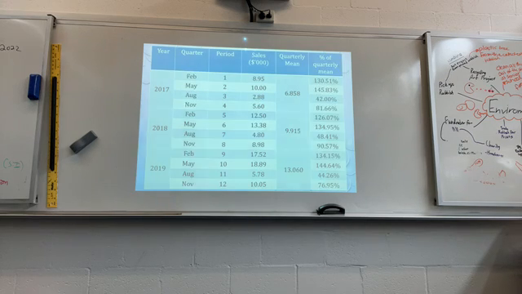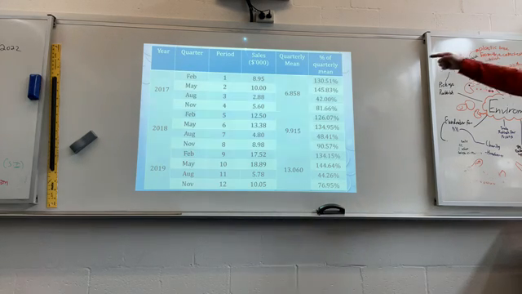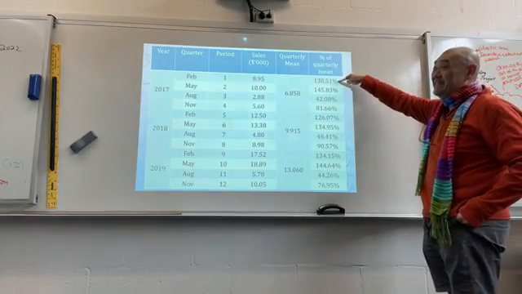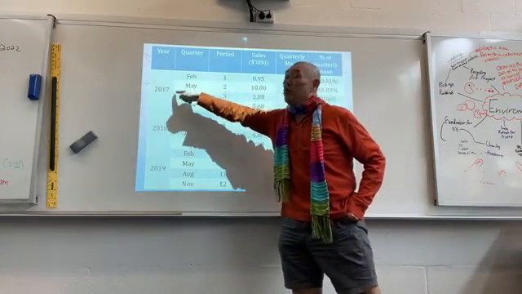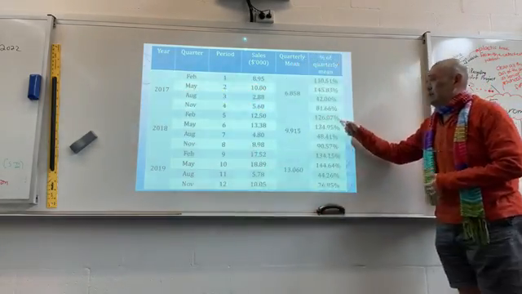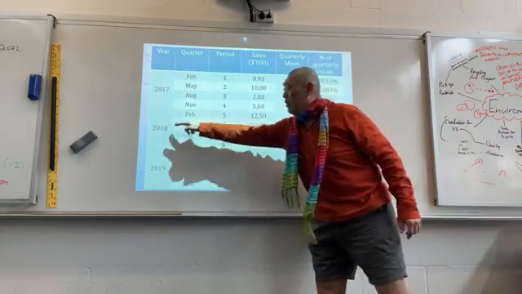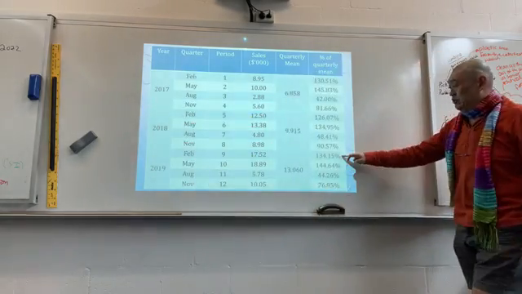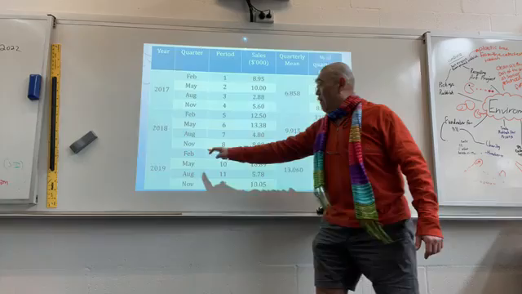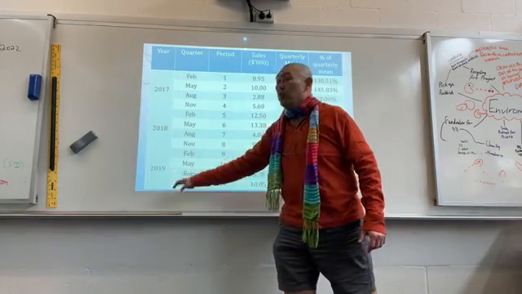So once you've worked out all the numbers, this is the seasonal index for February 2017. This is the seasonal index for February 2018, and this will be the seasonal index for February 2019.